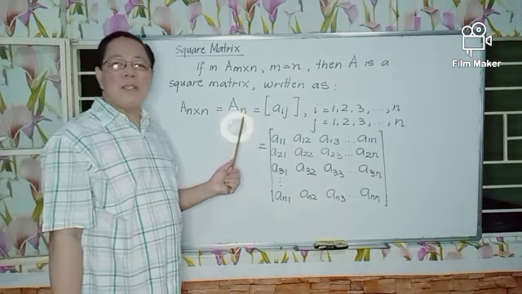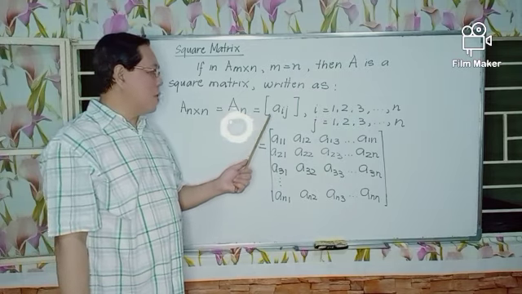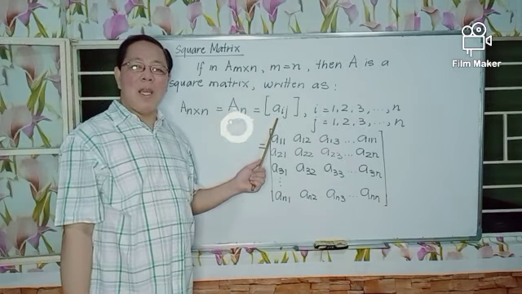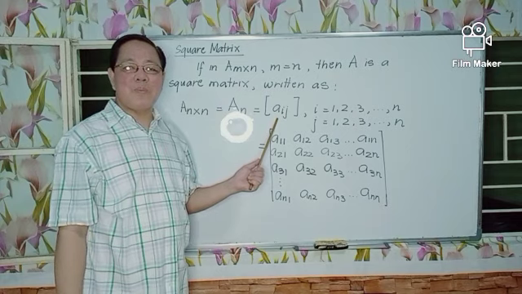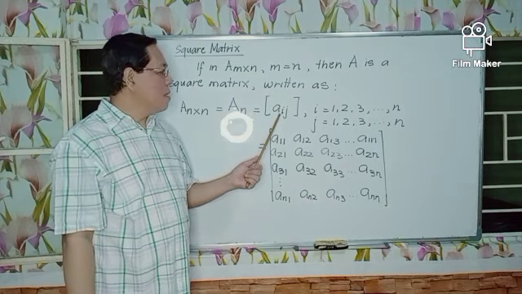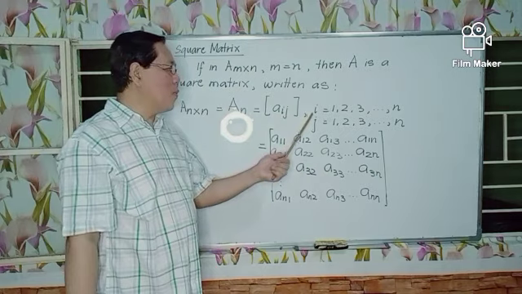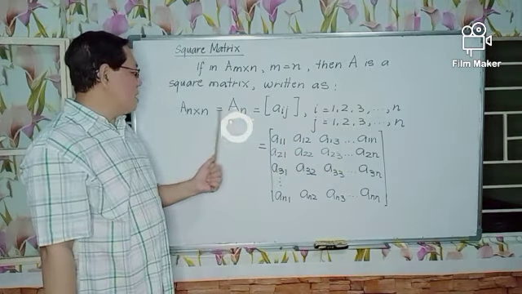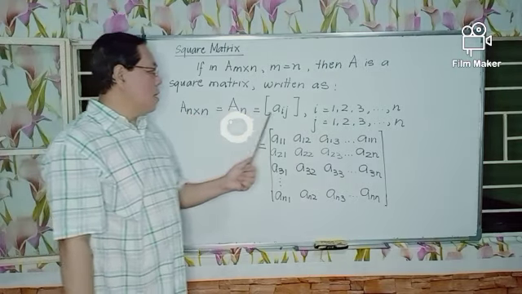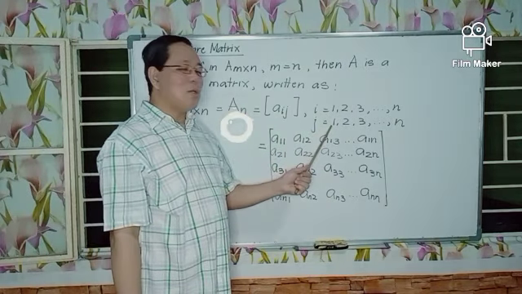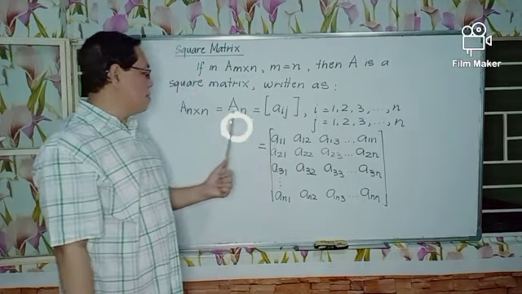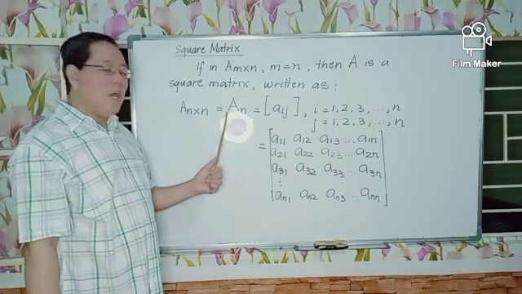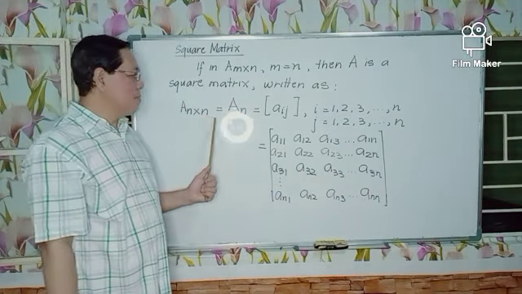And the entries of matrix A are denoted by small letter a with double subscript ij. But now i goes from 1 to n, which means that matrix A has n rows, and j goes from 1 to n, which means that matrix A has n columns.